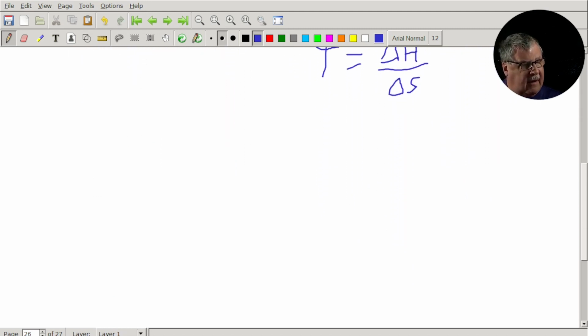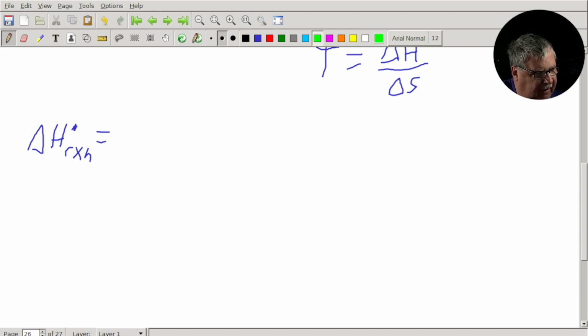All right, so the next thing we're going to do is calculate each one using tabulated values. We're going to use standard enthalpy of formation values to calculate delta H for this reaction.